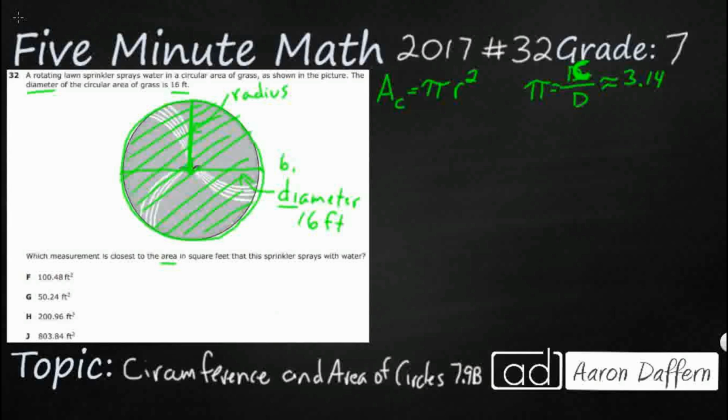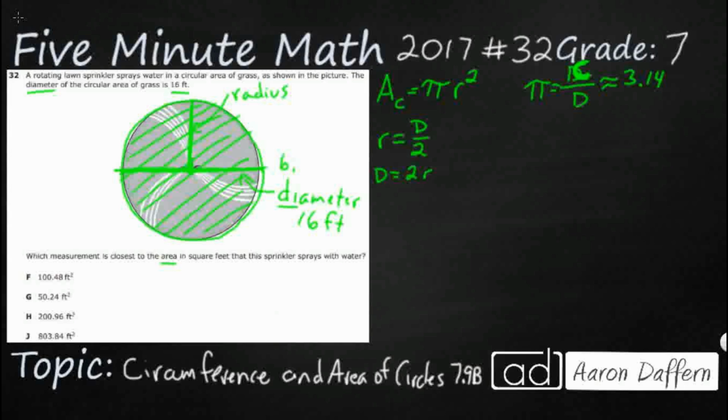If this whole thing right here from side to side is 16, and the radius goes from the middle to the side, well, that makes sense then that the radius is simply the diameter divided by 2. Or sometimes we'll say the diameter is double the radius. That's the relationship there. You take the diameter, you cut it in half, you have the radius.